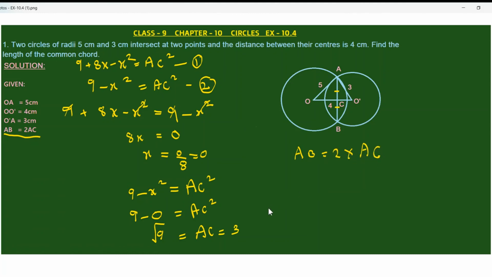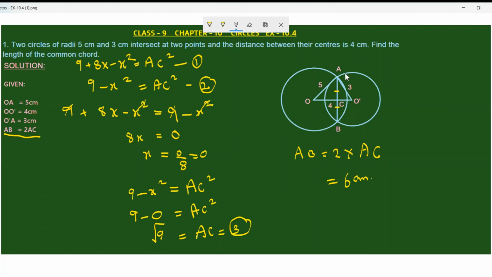We have found AC is 3 centimeter. So AB will be 6 centimeter. That means what? This chord, this AB is the diameter of this one. Got it? Because a radius of this circle is 3 centimeter, then the diameter will be 6 centimeter. So this chord will be the diameter of this circle.